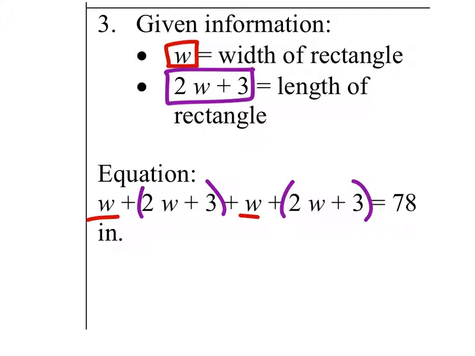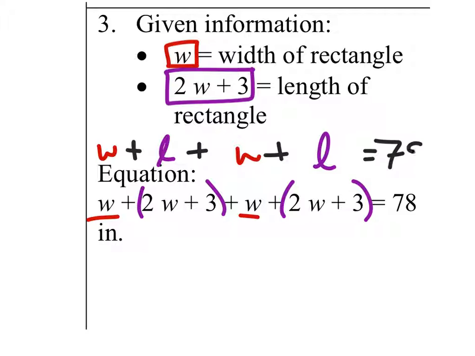Well, 2W plus 3 is the length, right? So if we looked at this in a different way, we really have width plus length, plus width plus length, right? Equals 78. Now this shape right here is a rectangle. Now if you take the width plus the length plus the width plus the length of a rectangle, what are you actually finding? The perimeter.